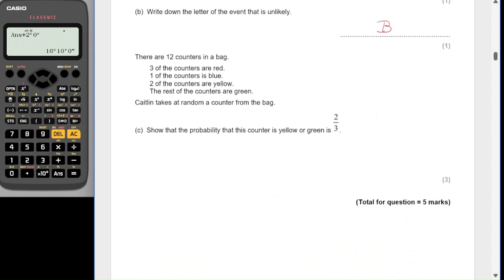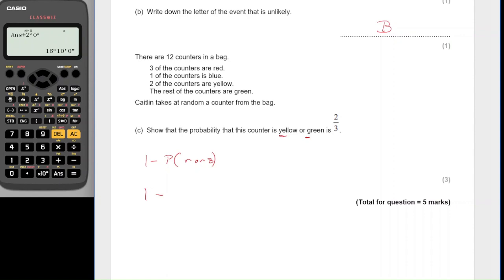There are 12 counters in a bag. 3 of them are red. 1 counter is blue. 2 counters are yellow. The rest of the counters are green. Colin takes a counter at random from the bag. So the probability that the counter is yellow or green is 2/3. Well, I'm going to do this dead simple. I'm going to say that that's going to be 1 minus the probability of them being red or blue. So that's going to be 1 minus, we've got 3 and 1.